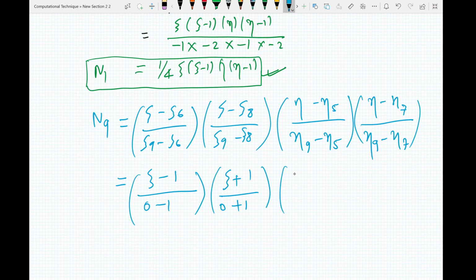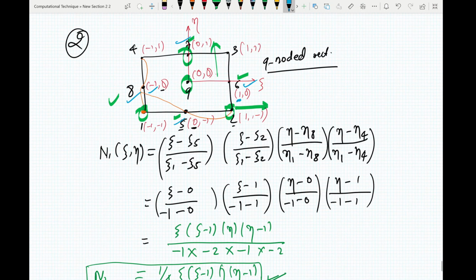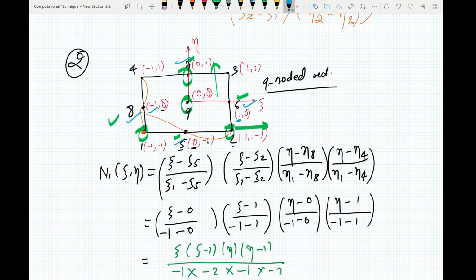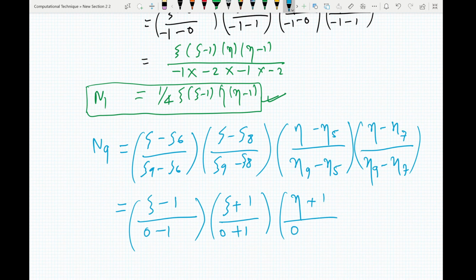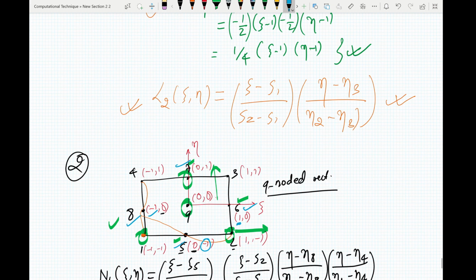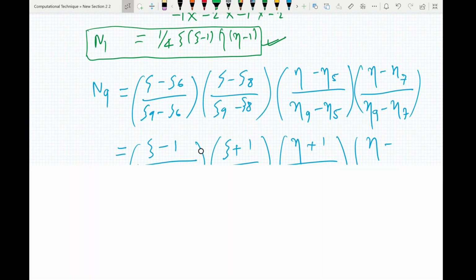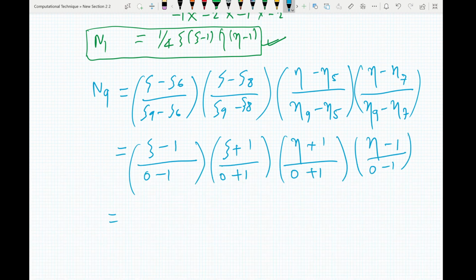For eta we get eta minus eta5, which is minus 1, so plus 1, and 0 plus 1. Then eta minus eta7, which is 1, so eta minus 1, divided by 0 minus 1. Now when you look at this, the denominators are all 1, so you get xi squared minus 1 and eta squared minus 1.